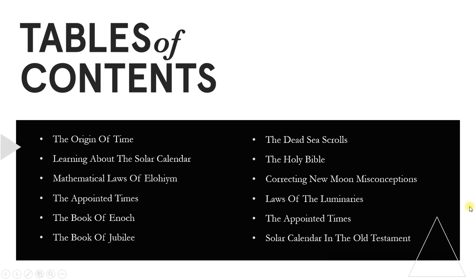We're going to go over a quick overview of our table of contents. We have an exhaustive amount of topics to go through because we want to solidify this in your mind, in your hearts, what calendar you should be using and why you should be using it, and that it was used by our ancestors.